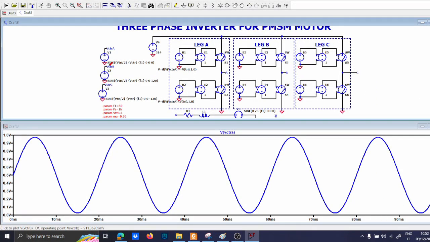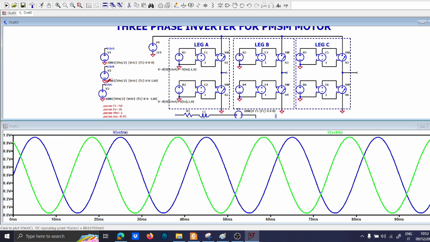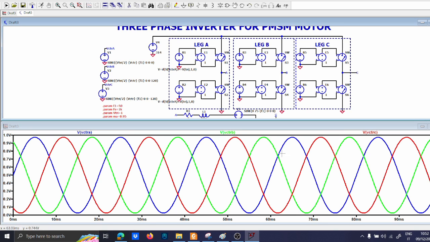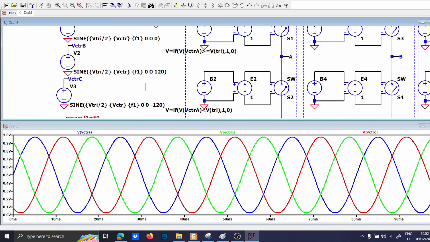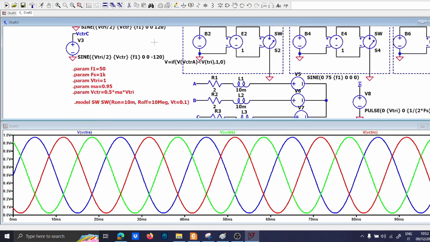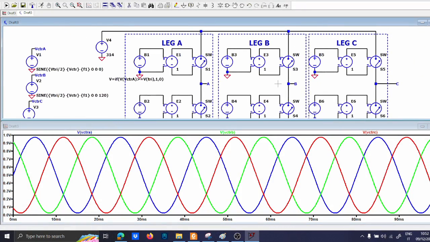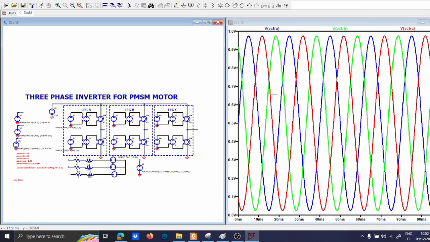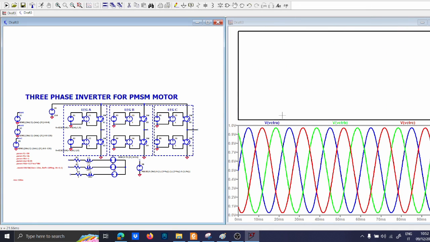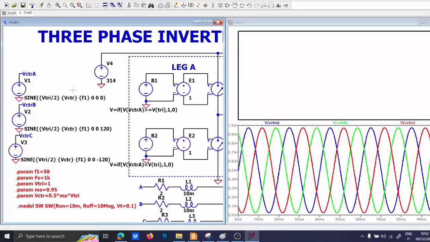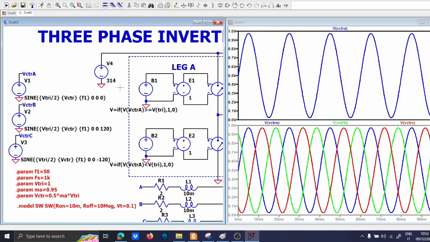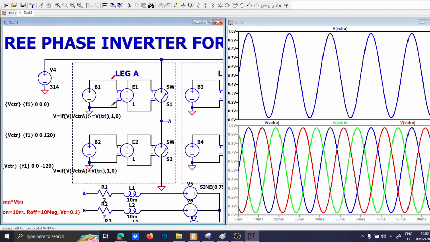You have the three same voltages which are correctly in a phase shift of 120 degrees. And then you have, and this is enough. Let's see for one phase what is going on. So this is the control voltage. This is the triangular. This is the BV.